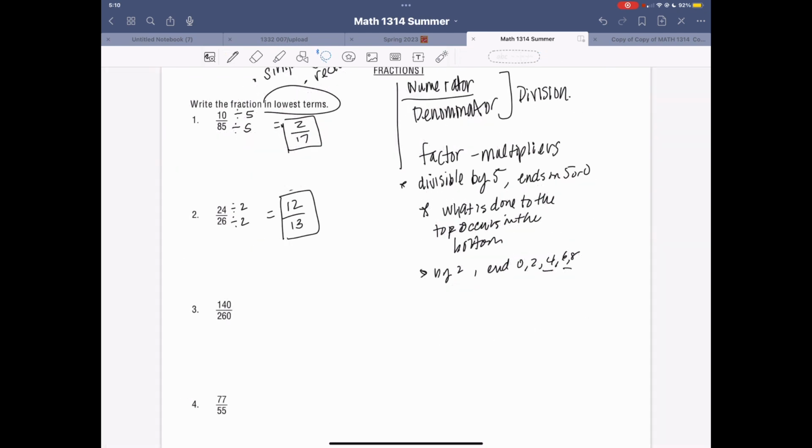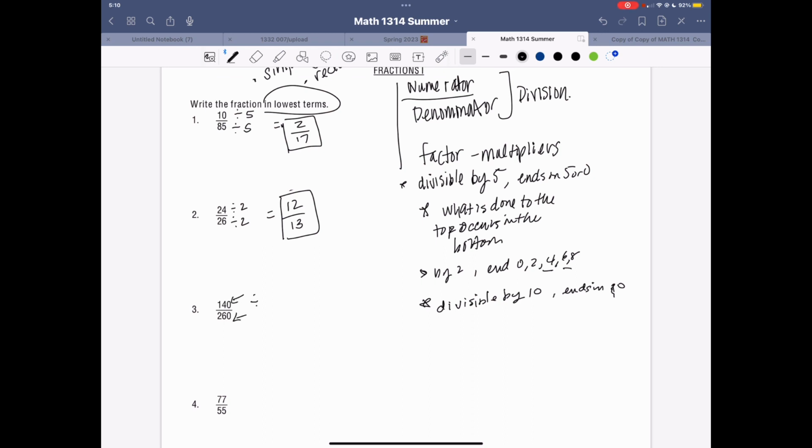Number 3, and we have numbers that end in 0. So I have 140 over 260. This is a divisibility of 10, which is when a number ends in a 0. Since these numbers end in 0, they're divisible by 10.